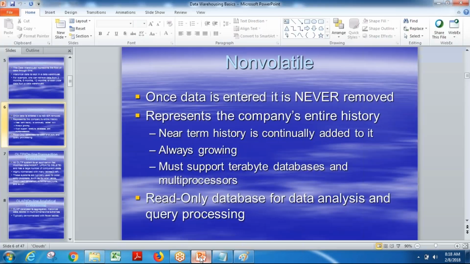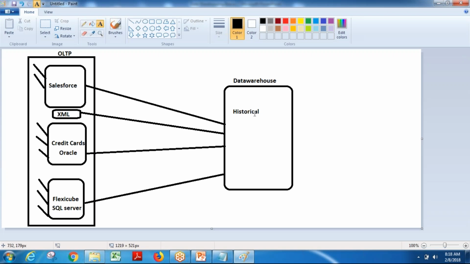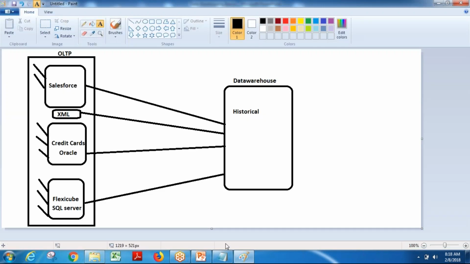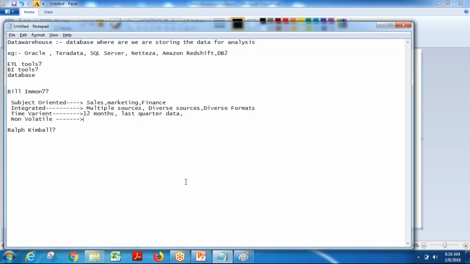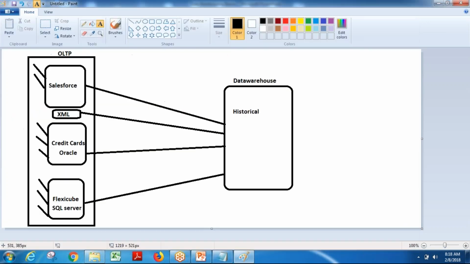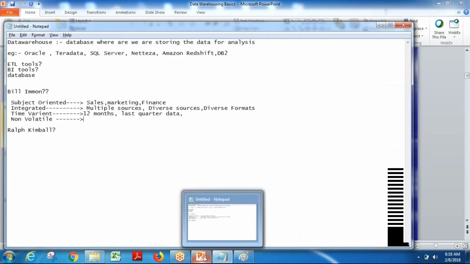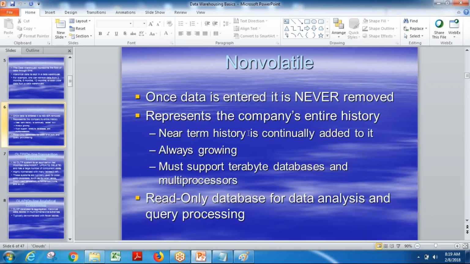Data doesn't change very frequently, and once we enter it, we're not going to remove it because we need the data for historical analysis. That's why a data warehouse is non-volatile in nature, because the data is not frequently changed, just like your transactional system. Once it is loaded, it is going to be used for a long term. So that's why we call this a non-volatile system.